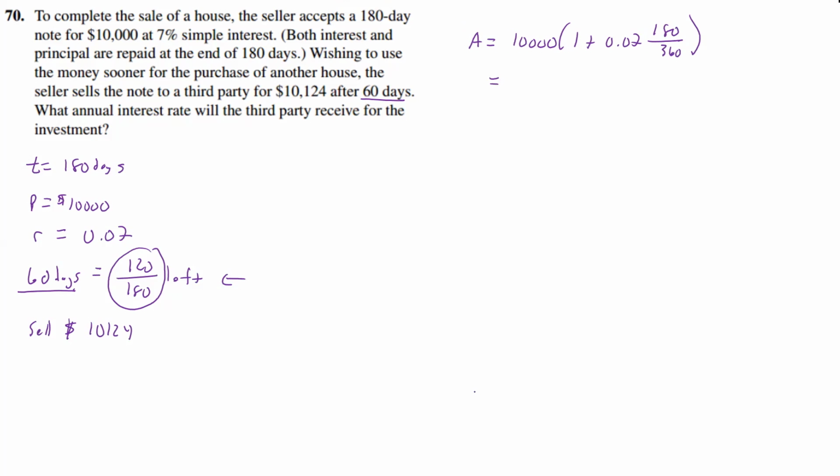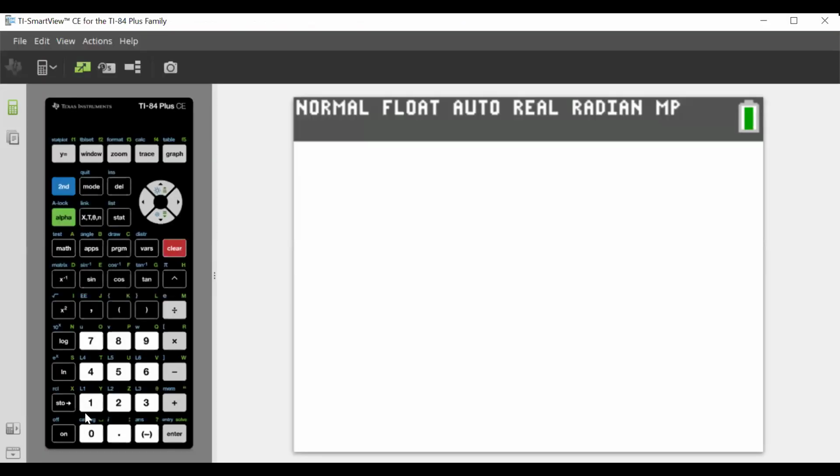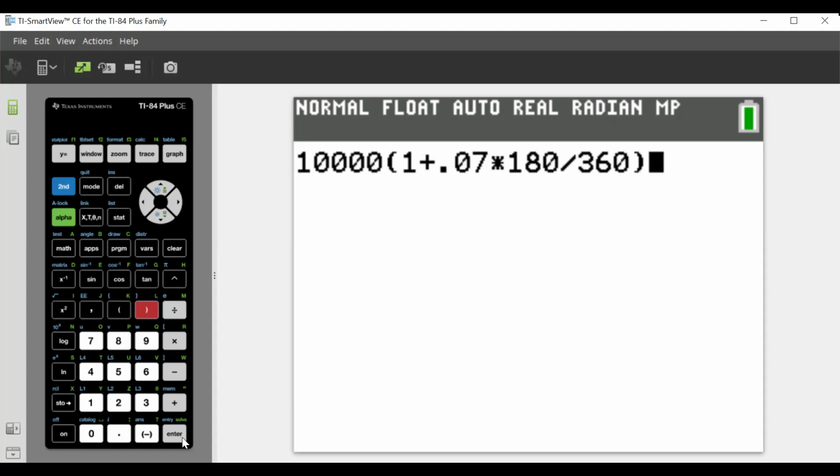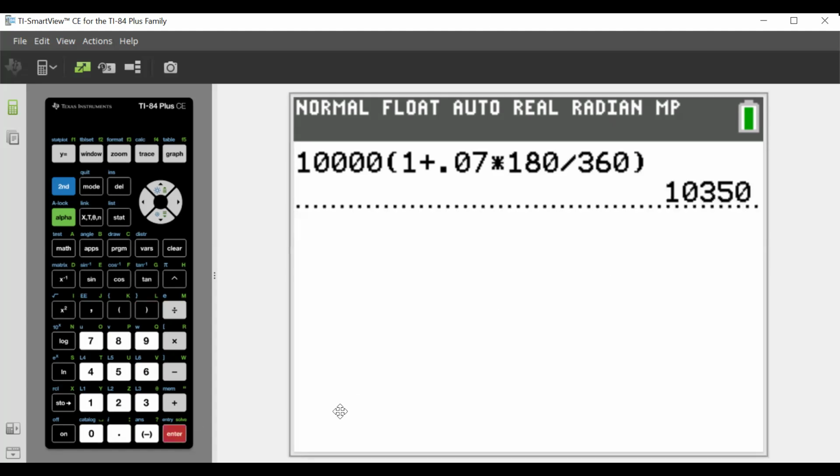Let's go to the calculator. 10,000 times 1 plus 0.07 times 180 divided by 360 gives us $10,350.